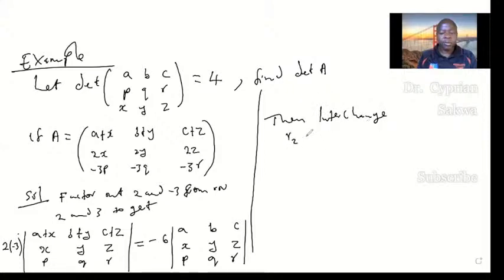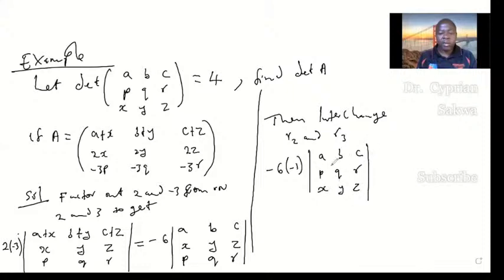When we interchange, what that theorem told us is that the determinant of the new matrix will be the original determinant times negative 1. So that means what I have is negative 6, now multiplied by negative 1 because I'm interchanging the rows, times the matrix with rows A, B, C; P, Q, R; and X, Y, Z.